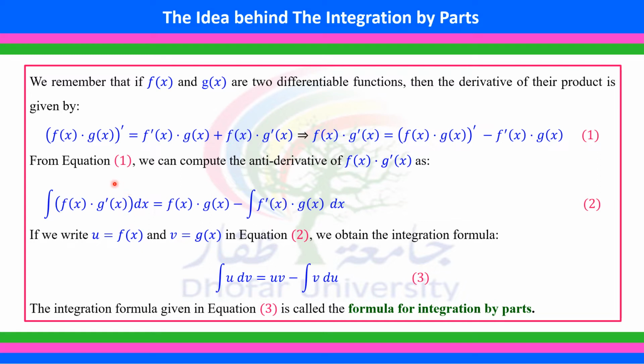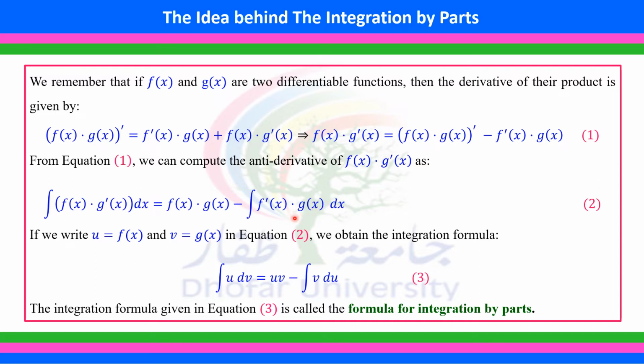The second function is integrable, so we can compute its integral, such that this integral here can be computed easily, or at least easier than the original problem. This form, explained by equation 2, is called the formula for integration by parts.